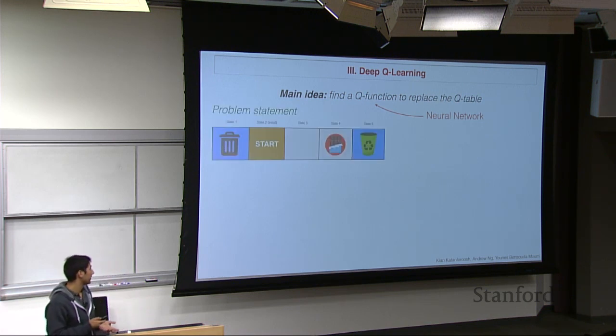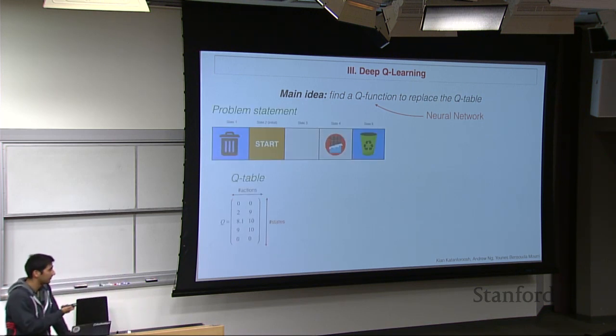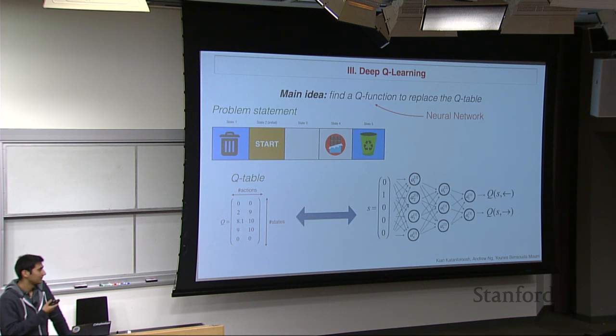Okay, so this is the setting. We have our problem statement, we have our Q table, we want to change it into a function approximator that will be our neural network. Does that make sense how deep learning comes into reinforcement learning here? So now we take a state as input, forward propagate it in the deep network, and get an output which is an action score for all the actions.